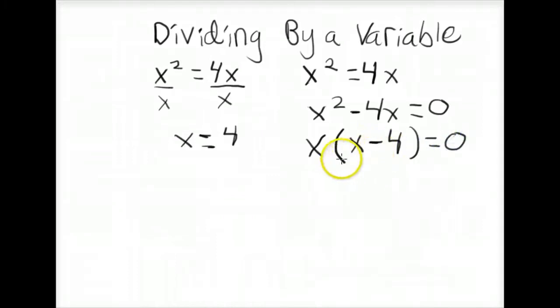Then we have this zero product rule again. So for this expression to be true, x could equal 0 or x could equal 4. So as you can see, we have two perfectly valid solutions to this problem, but when you divide by x, you eliminate one of those solutions.